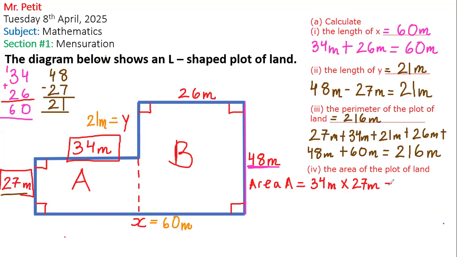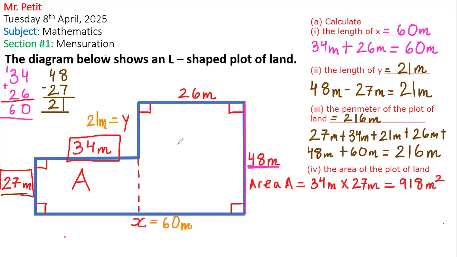And what is 34 multiplied by 27? I got 918 meters squared, okay?